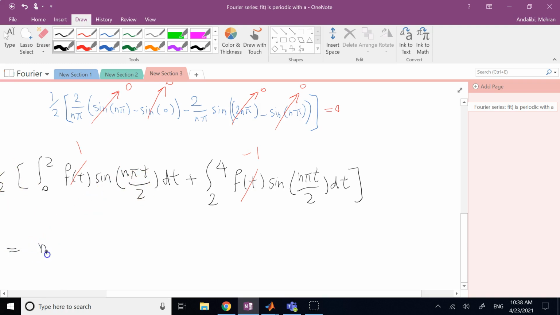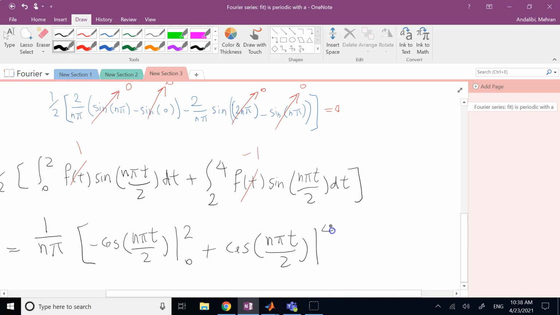So if you simplify it a little bit further, you will get 1 over n pi times. Now, the integral of sine is negative cosine, so it is going to be negative cosine of n pi t over 2, calculated at 2 and 0, and then minus cosine, so it is going to be positive cosine of n pi t over 2, calculated at 4 and 2.